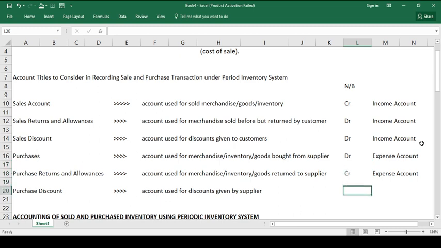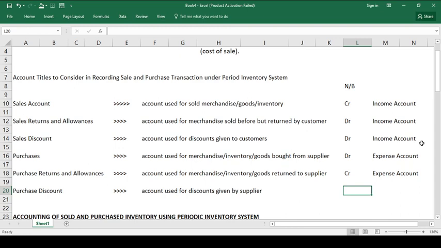We also have a purchase discount. Purchase discount naman, this is an account used for discounts given by the supplier to the buyer. Take note, ha, by the supplier to the buyer. Ito po yung discount na binibigay ng supplier sa buyer.